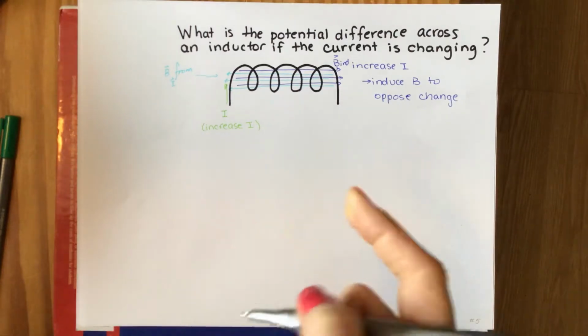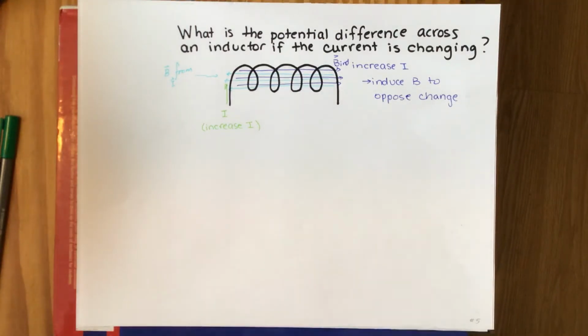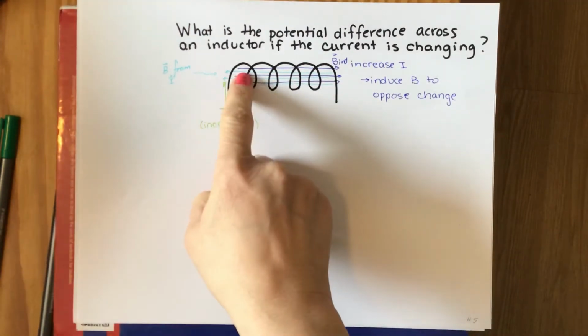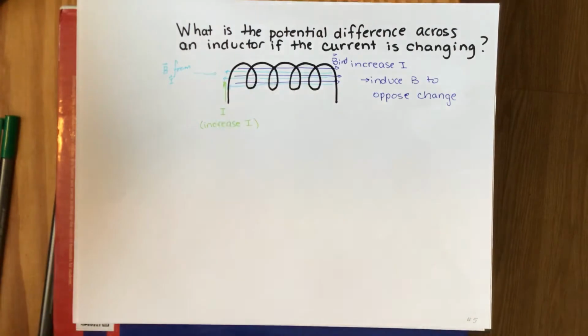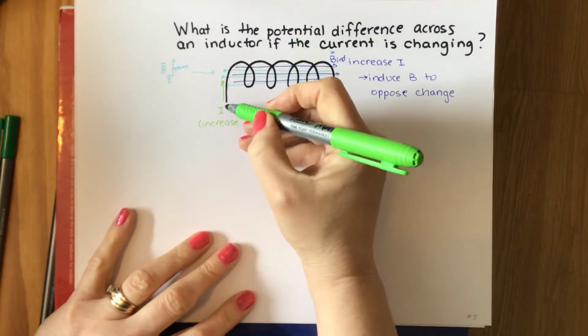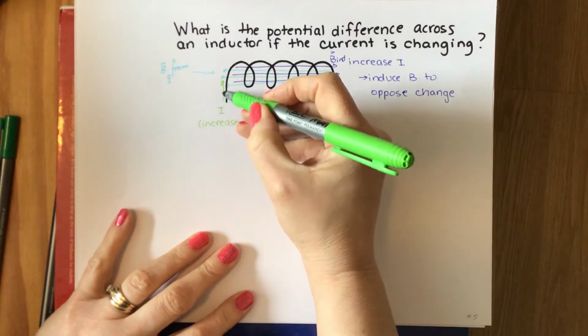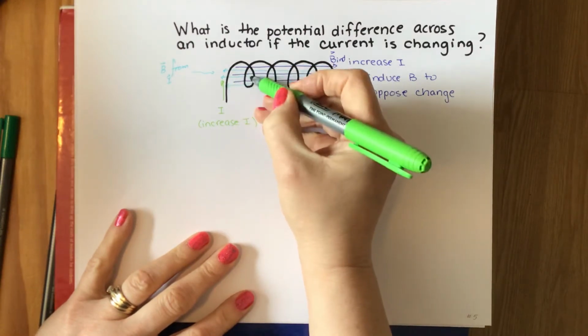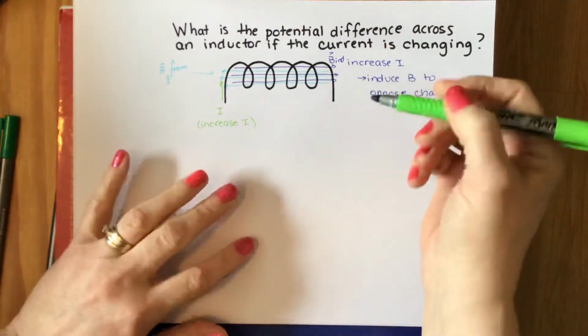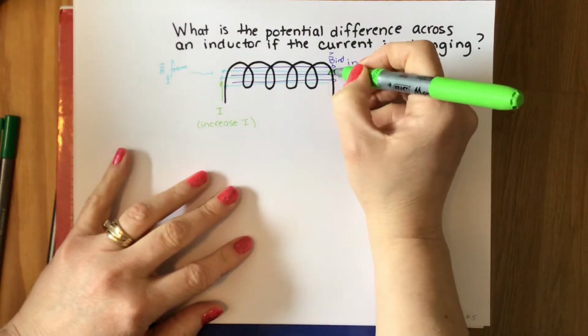If we have an induced magnetic field, well, we know that that induces the current. And that induced current is going to be opposite the direction of this current because those fields are in opposite directions. So the current we originally had comes up in the front, down in the back. Our induced current is going to come down in the front and up in the back.